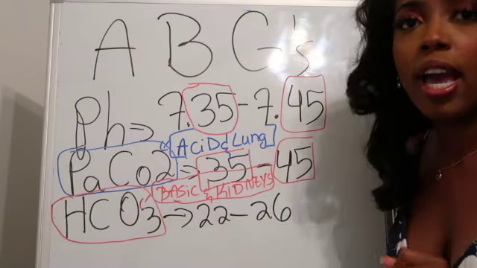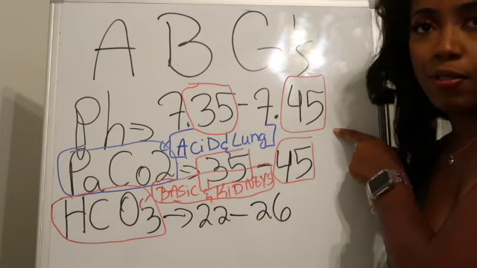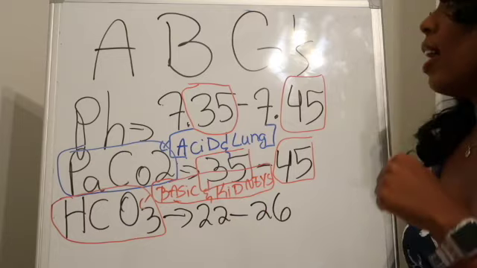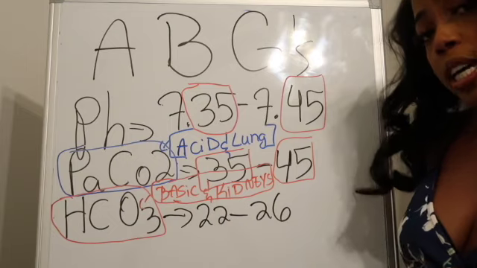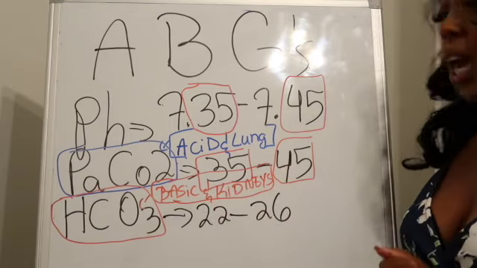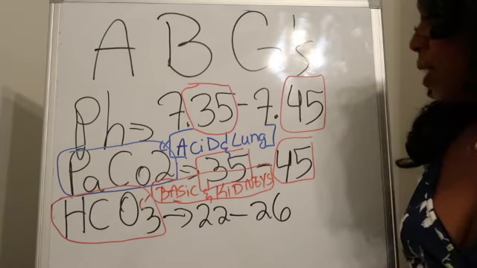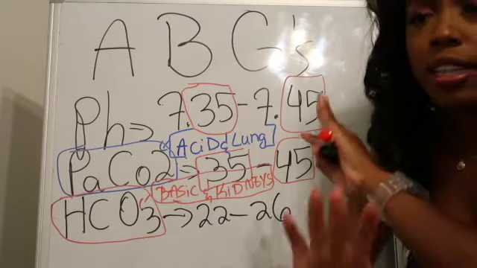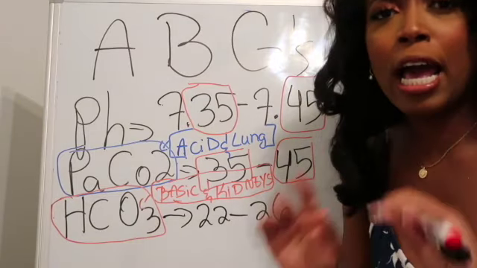So remember, ABGs, the normal pH value is 7.35 to 7.45. If a patient's blood is less than 7.35, then their blood is more acidic. If it's more than 7.45, their blood is more alkaline. PaCO2, okay? That is carbon dioxide. When I say PaCO2, I'm going to automatically match it with acid and lung, even if I forget it, because I've been up all night studying for my anatomy, because I'm taking anatomy along with med-surg, doesn't matter.